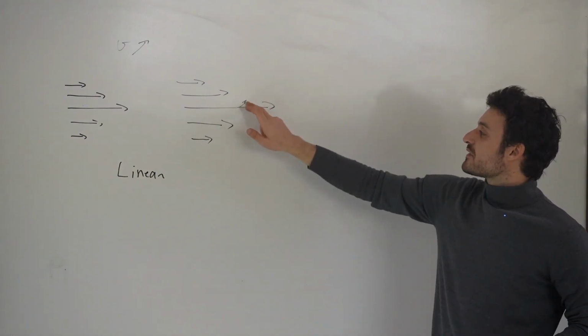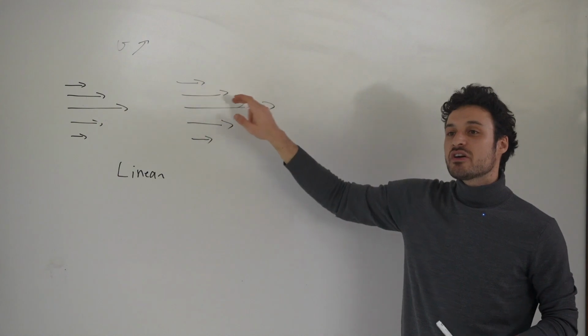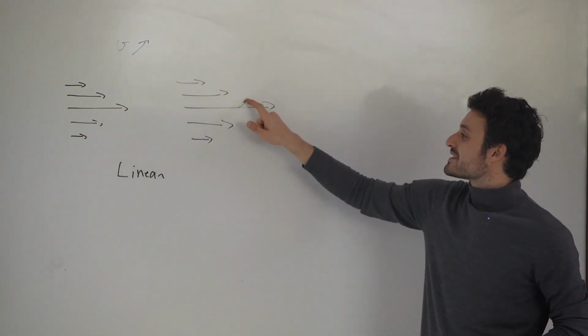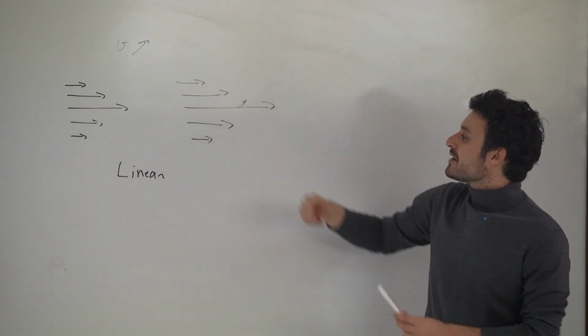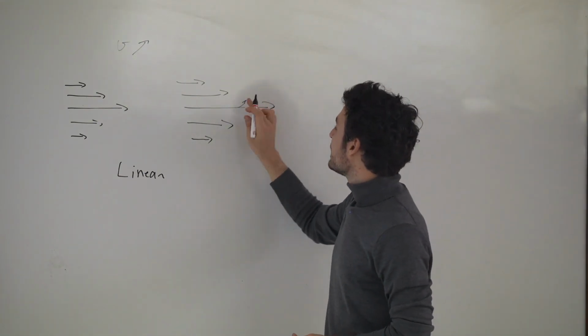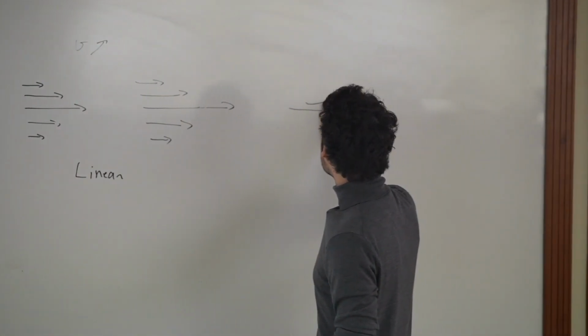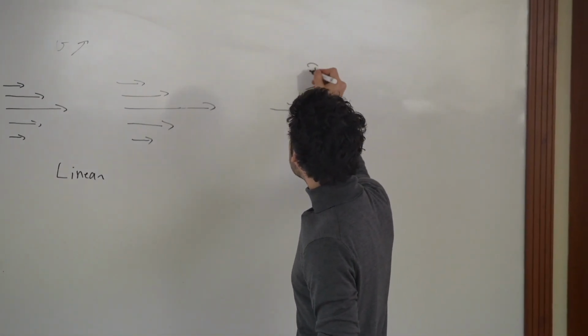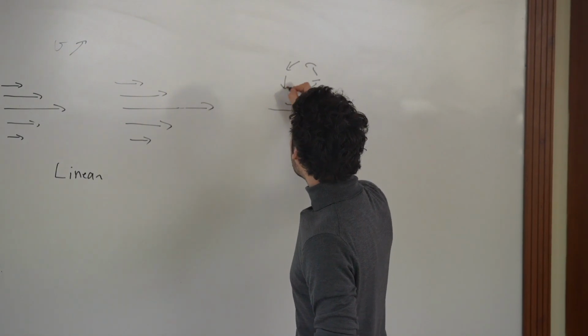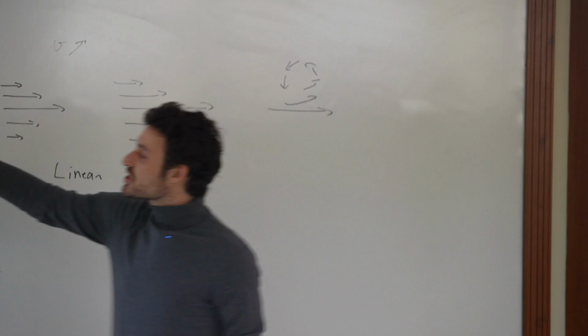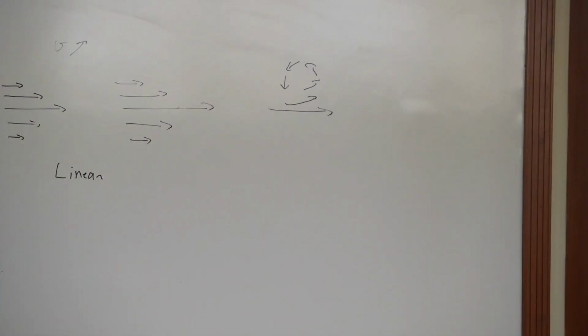But now this patch here is sent into a region of much slower flow, right? So as your molecule exits here, it's being slowed down, and it'll start doing little swirls, right? So at some point, instead of having neat laminar flow, we're going to start seeing these swirls which mark the transition to turbulent behavior, right?